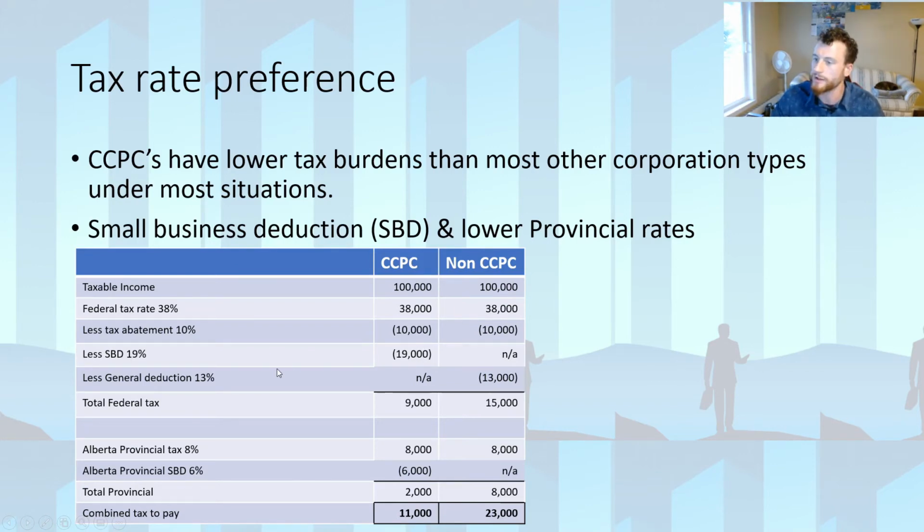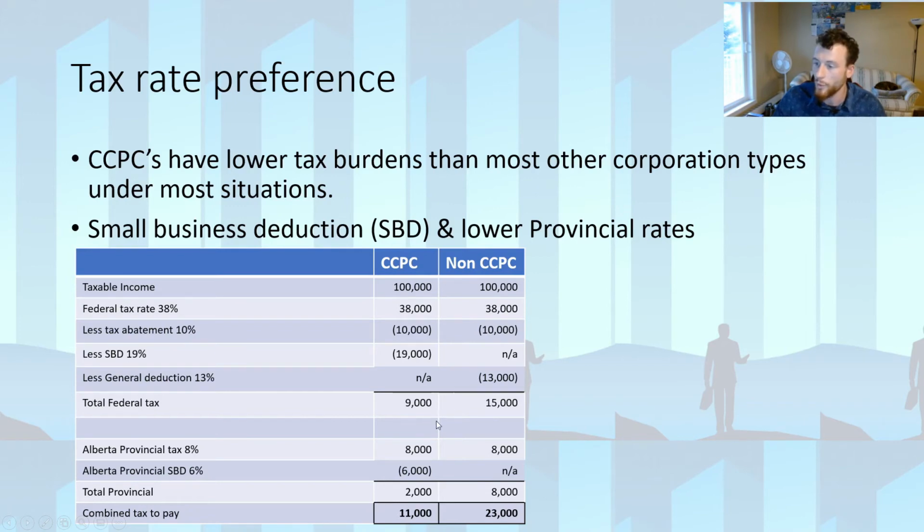The next component is a general deduction of 13%. Now, general deductions cannot be used for income that has qualified for the SBD. So the non-CCPC gets this deduction. However, the result still remains that you're in a better tax position if you are a CCPC compared to a non-CCPC.